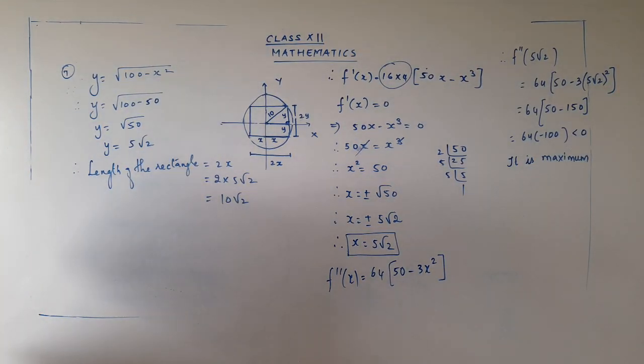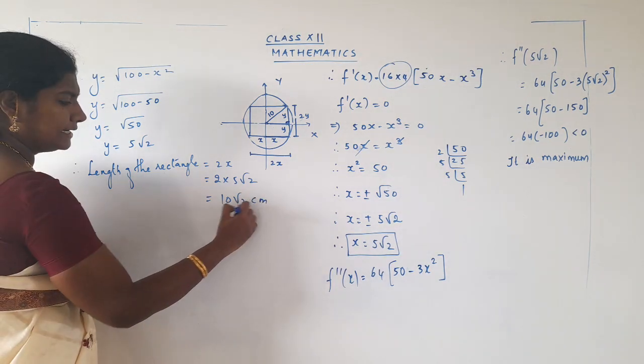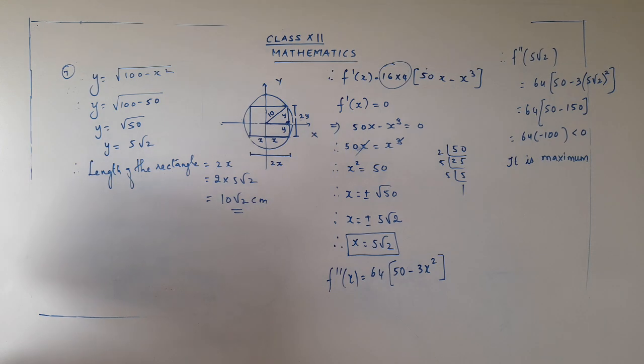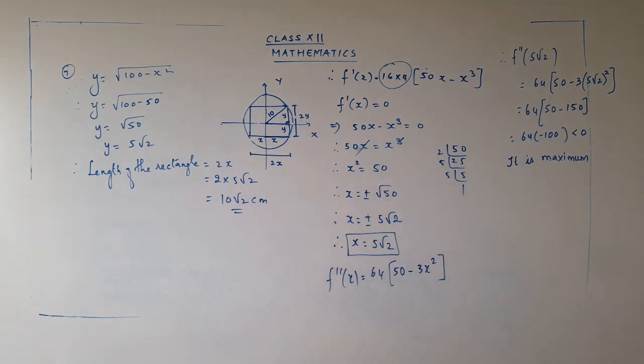What is the unit given? Centimeter. So 10 root 2 centimeter. We have found the length of the rectangle. Now we have to find out the breadth of the rectangle.